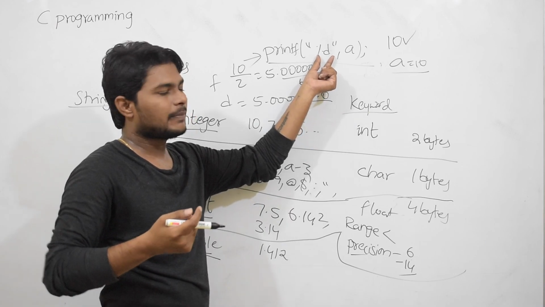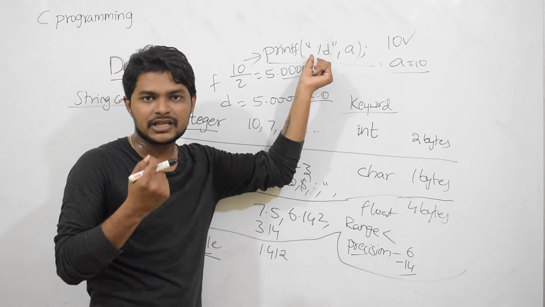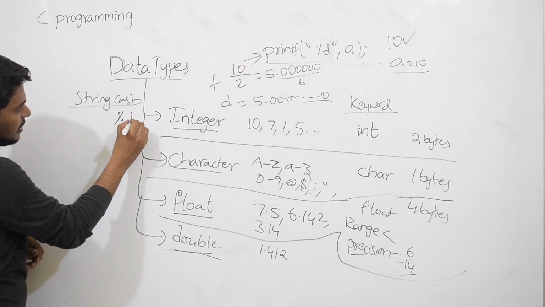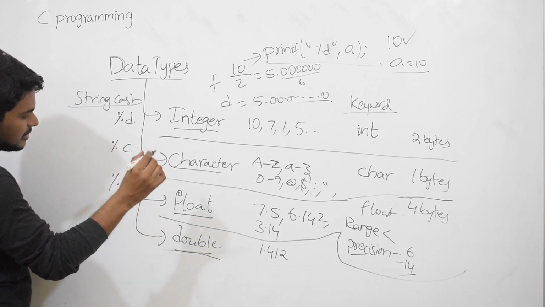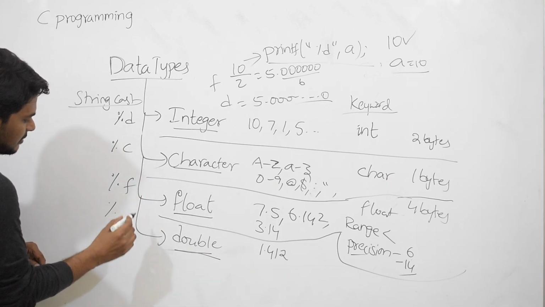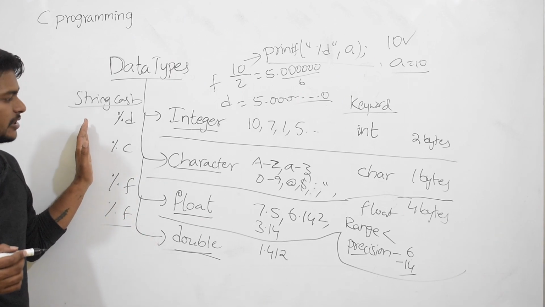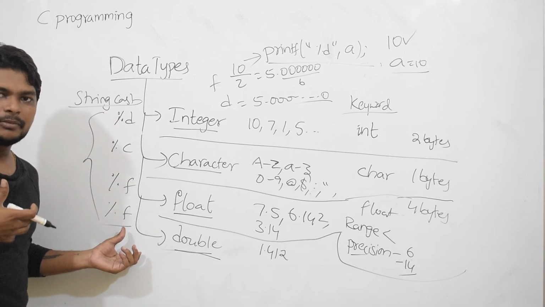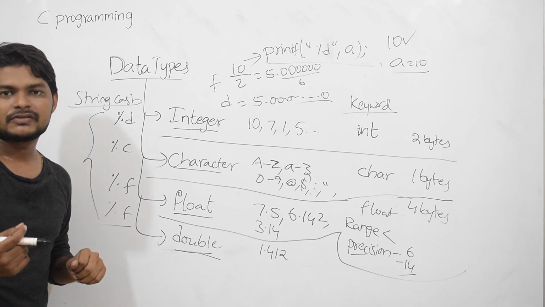Here we are specifying %d as the string constant for an integer variable. So for integer it is %d, for character it is %c, for float it is %f, for double it is %f. These are the string constants. They will be used whenever we are taking inputs and printing outputs. Remaining things we will see next.